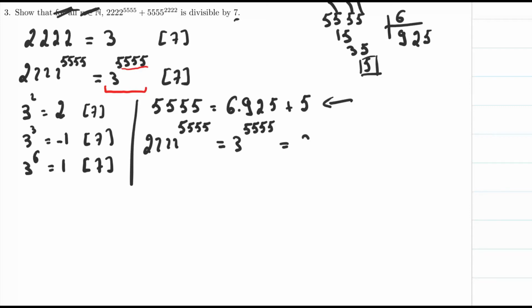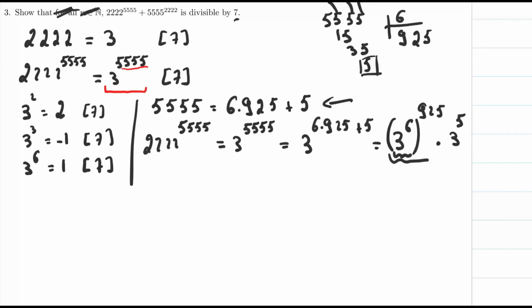So it's 3 to the power 6 times 925 plus 5, which is 3 to the 6 to the power whatever, times 3 to the 5. But 3 to the 6 is 1, so 3 to the 6 to the power whatever is still 1, and the whole thing is 3 to the power 5.